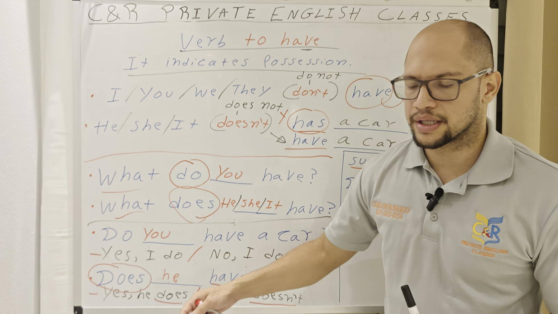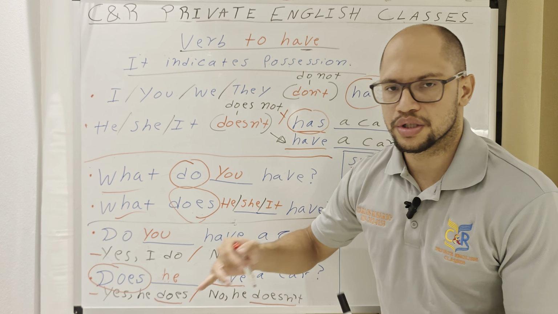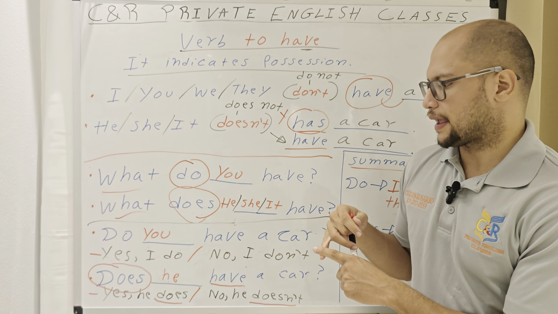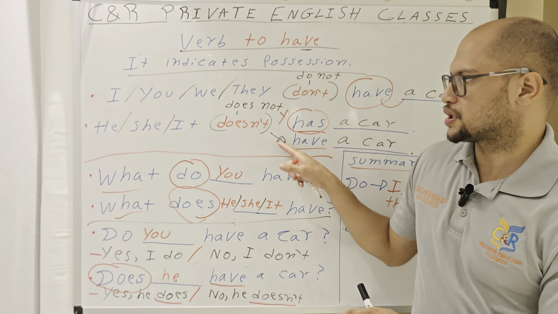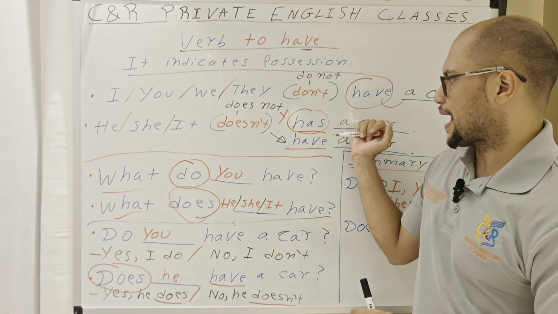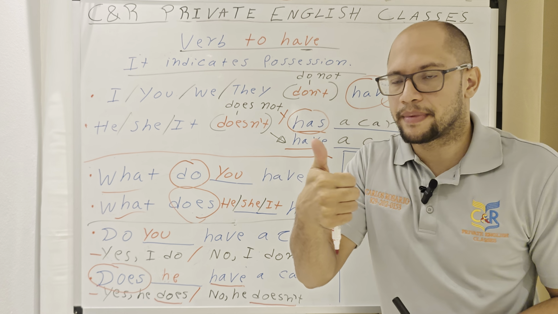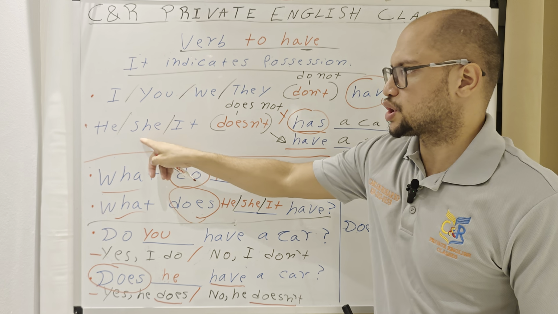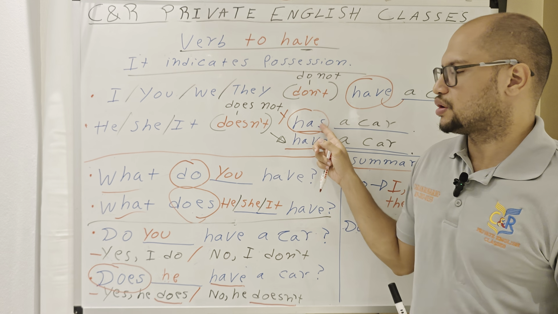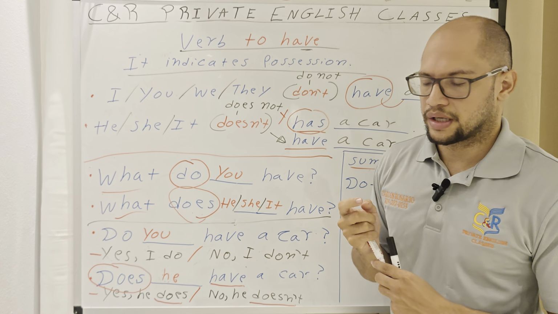If you have does, like in the questions and negative answers, you don't need to use has. You will use have. Now, if it is affirmative with she, he, it, you use has.